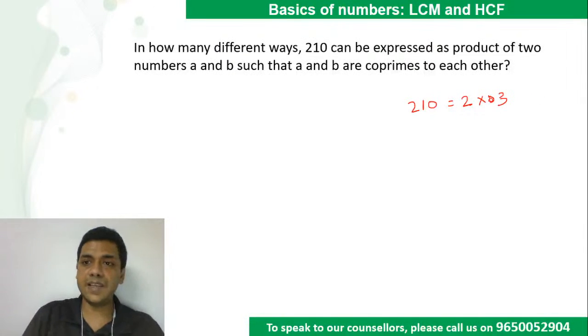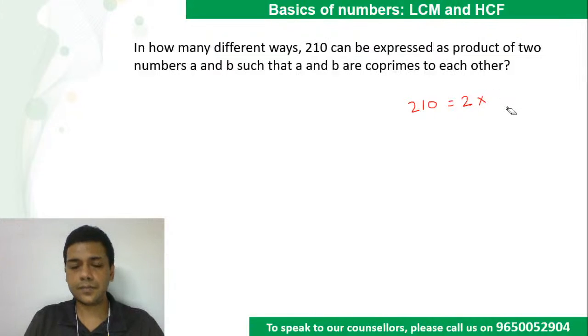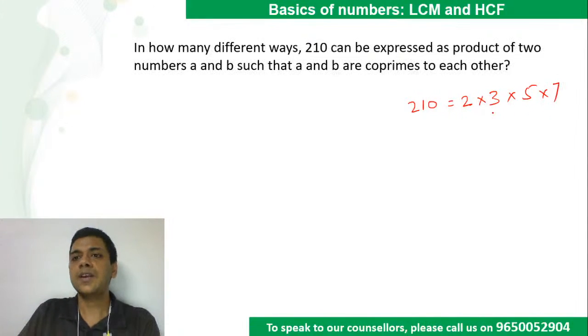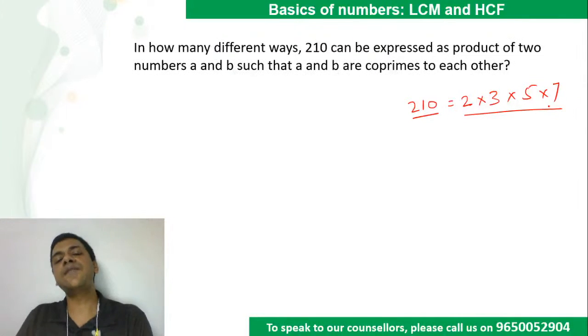So it is basically 2 into 3 into 35, which is 5 into 7. So basically 210 is a product of 2, 3, 5 and 7.